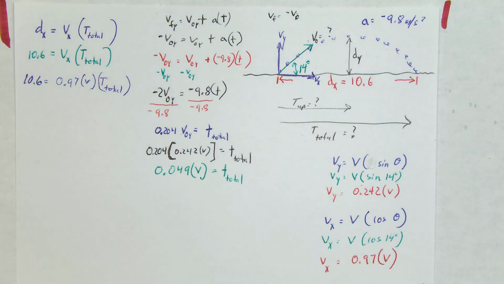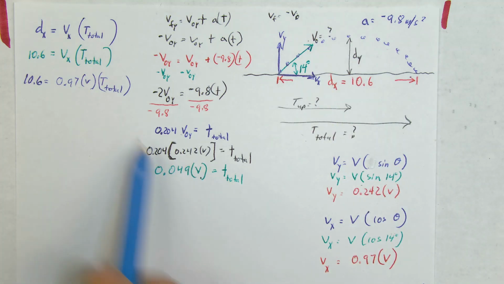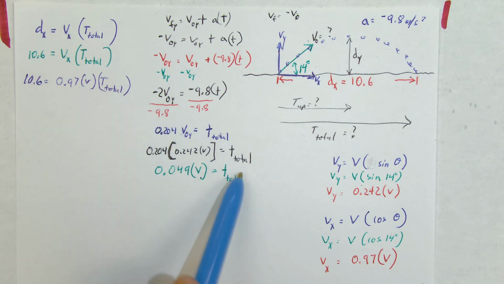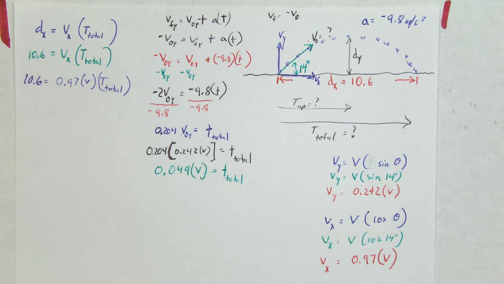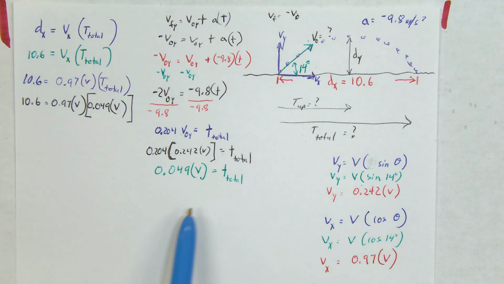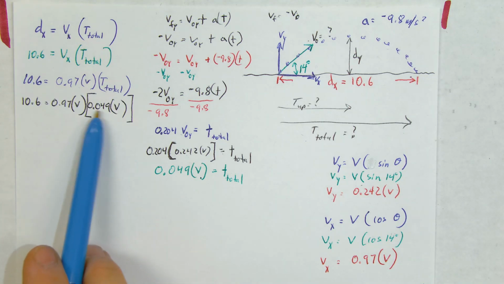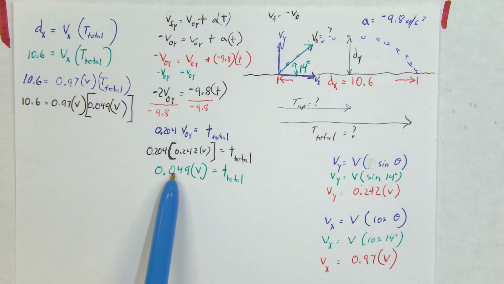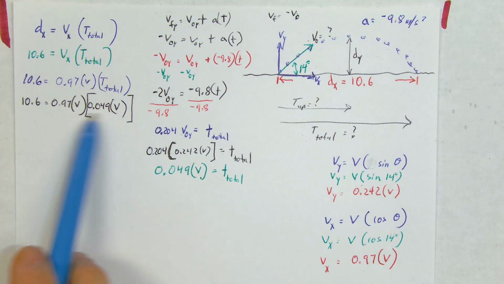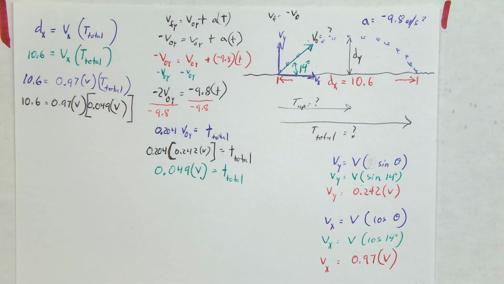And so what we would do here is take where it says t total, since these are the same thing, and put this thing right here in place of that. So I just did that. So t total, in place of that, I put what we know t total to equal. Then we can do some simple algebra to reduce that.